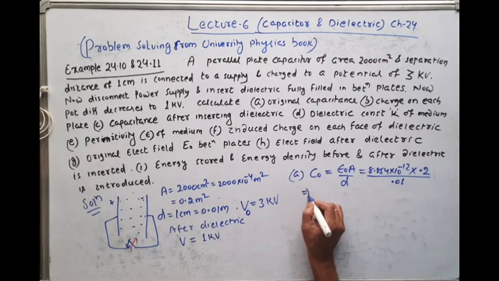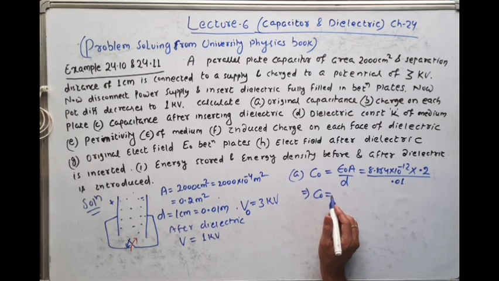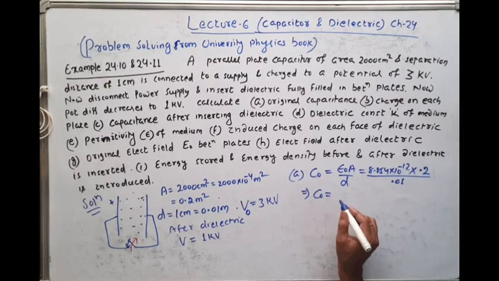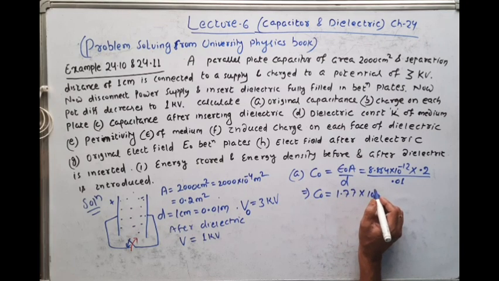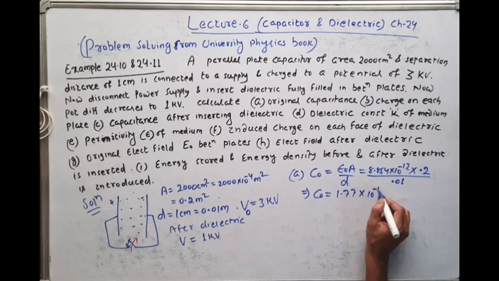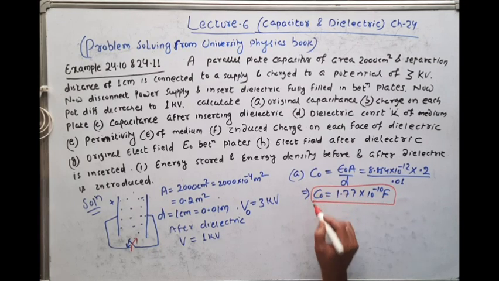Calculating this, we get 1.77 times 10 to the power minus 10 farad. This is the solution of the first bit. We calculated the initial capacitance before inserting the dielectric.